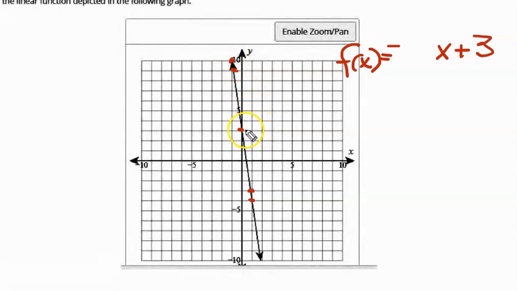So I can count now over 1. 1, 2, 3, 4, 5, 6, 7. On your graph, you'll be able to see it. So in a sense, it's -7 over 1. We don't write the 1. Yes, I think this is it. There you go. Okay.